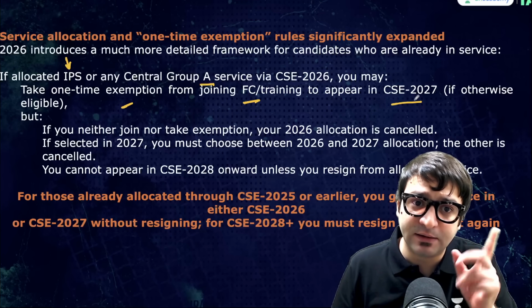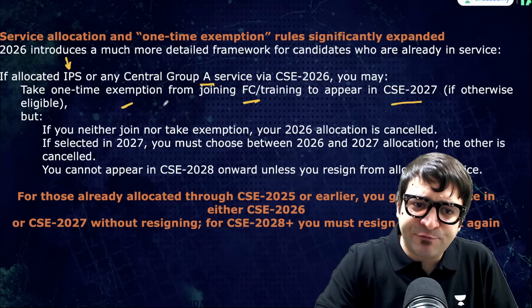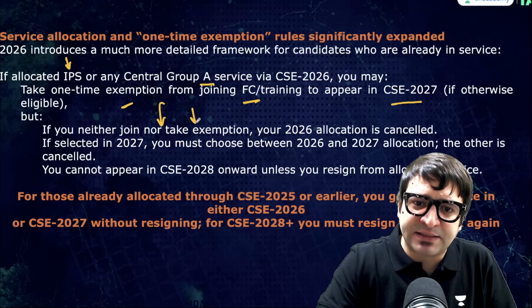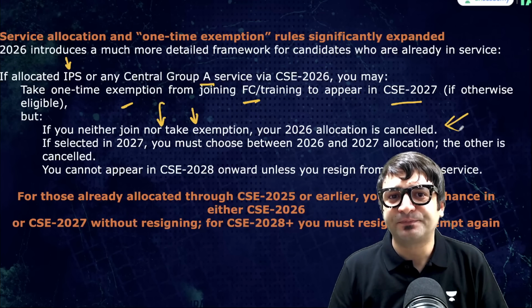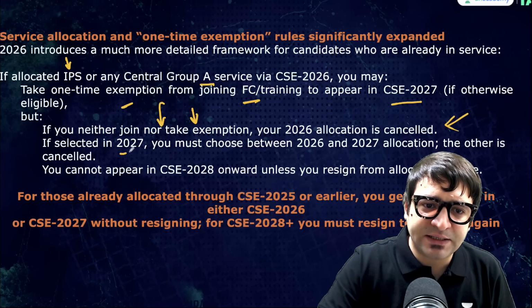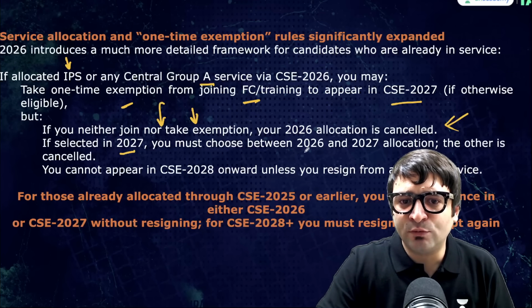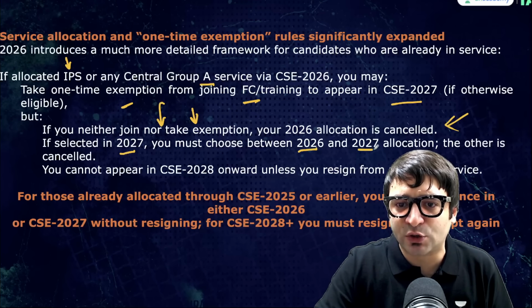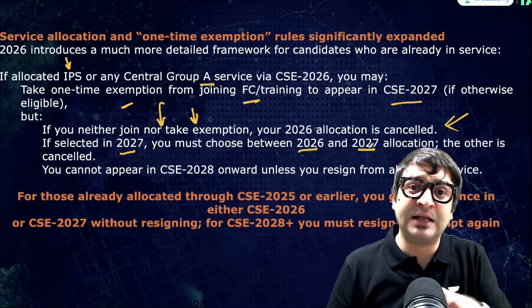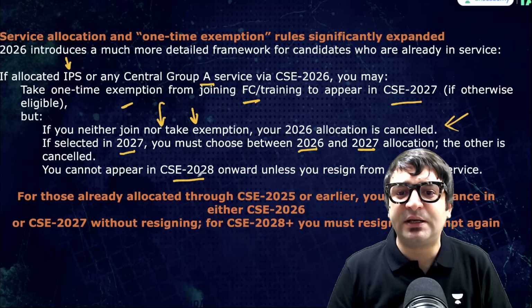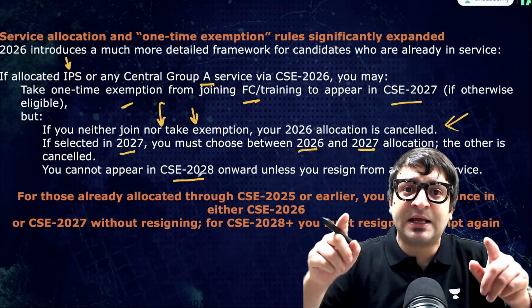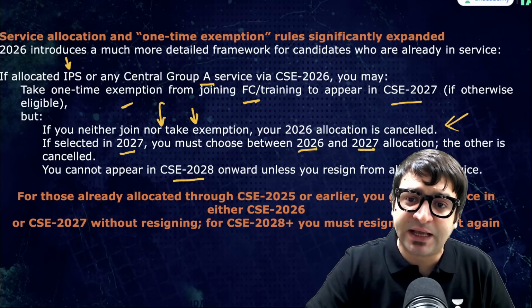But if you neither join nor take exemption, your 2026 allocation is cancelled. If you are selected in 2027, you must choose between the 26 or 27 allocation. The other is cancelled. You cannot appear in CSE 2028 onwards unless and until you resign from the allocated service.